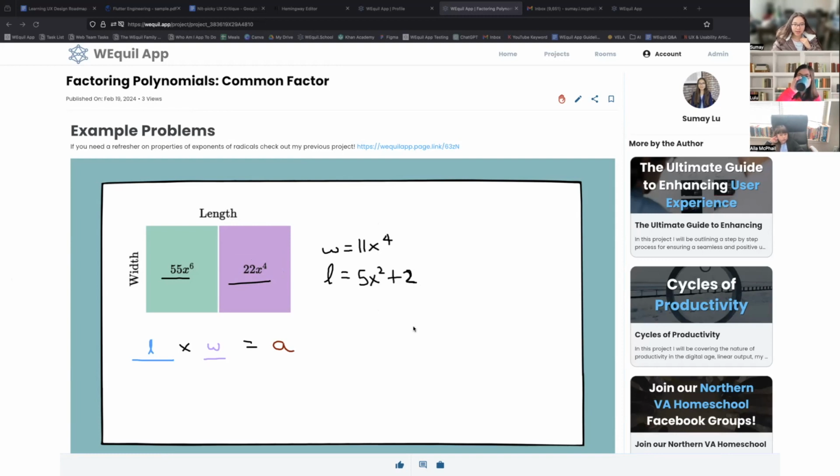Basically what this means is that if we want to represent this, we can just say 5x squared plus 2, wrapped in parentheses, multiplied by 11x to the power of 4 would equal the area of this box over here.